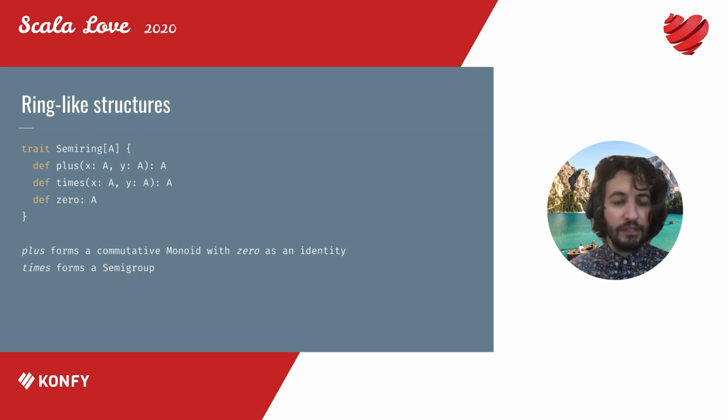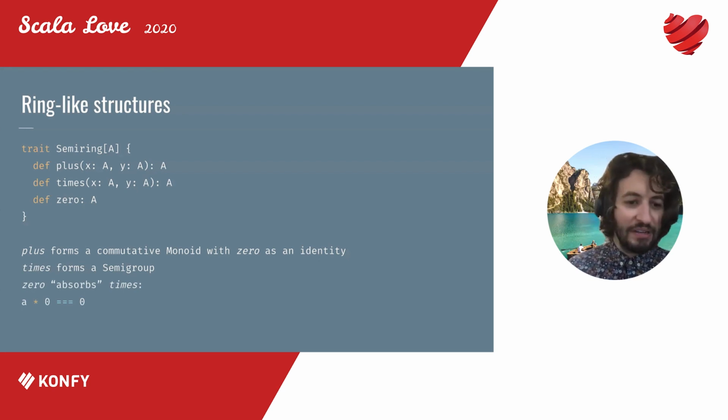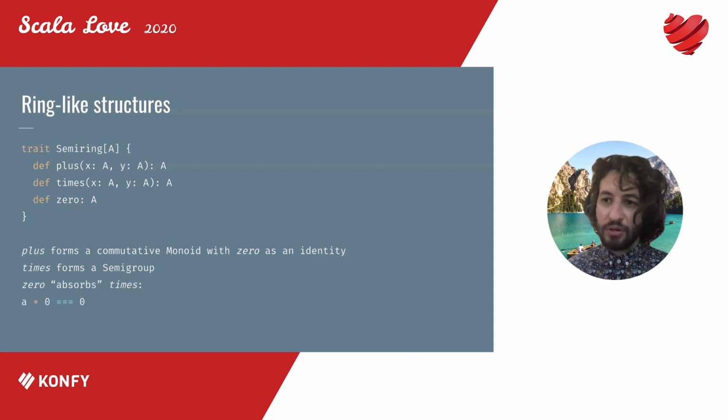This is a semi-ring, but there are tons of other ring-like structures. Actually, let's first go into absorption. Sorry about that. The important part of this absorption law is that this 0 interacts with the times function. If we multiply by 0, we know, in number terms, that it always becomes 0. And semi-ring is kind of the abstraction of that. So if you use this times method with this 0, then it becomes 0.